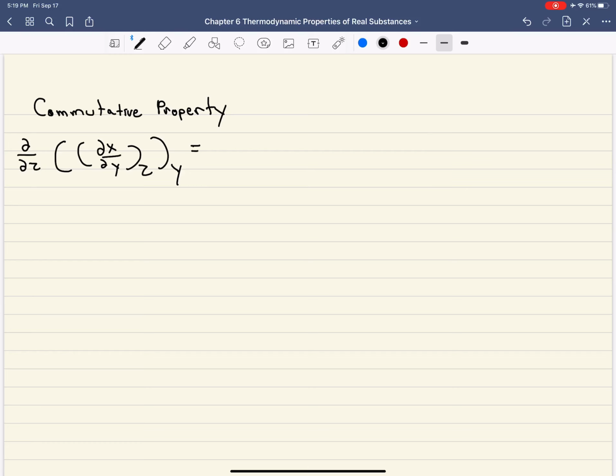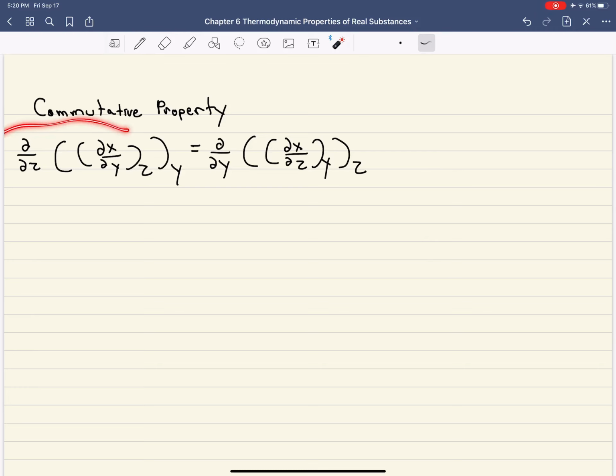And so essentially, this sequence of derivatives we have on the left-hand side, the commutative property tells us that it's equivalent to just saying that we took the derivative of dx dz at constant y. We would be taking the derivative of this with respect to y at constant z.